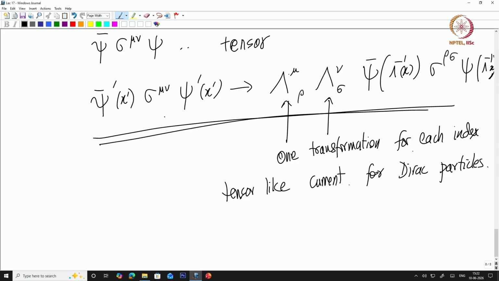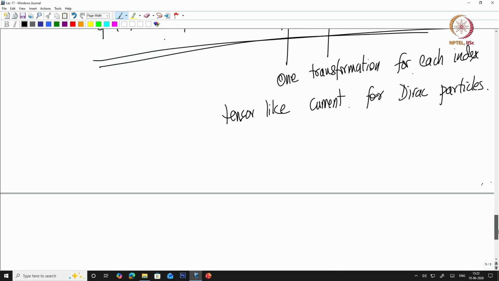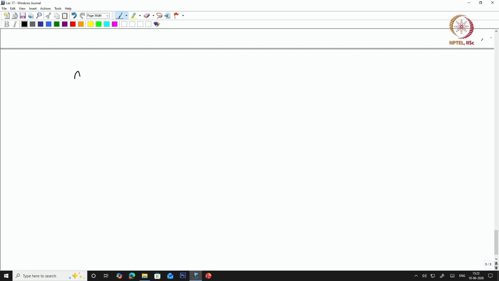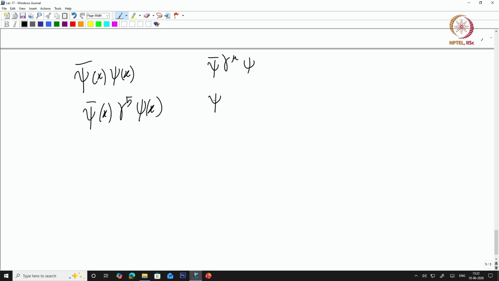So at the end of all this, what we will end up with, okay, you have all these bilinear covariants which we have written in the last class. Finally, all the bilinear covariants, let me just list them, like I am ending this lecture similarly to the previous one. Psi bar psi of x which is scalar. Then there is a pseudoscalar, then there is a vector, there is an axial vector.